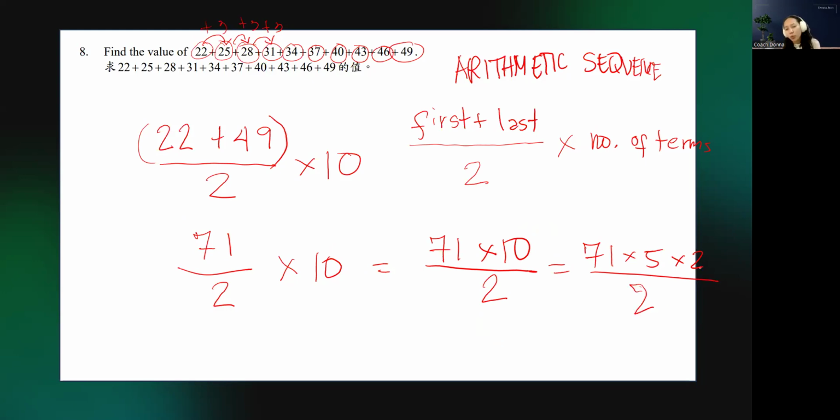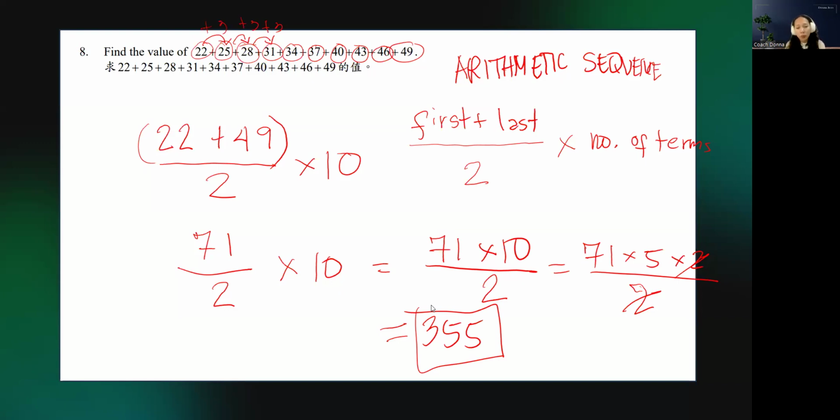So divided by 2, you can see 2 can be canceled out because it's in the numerator and denominator. So you're now left with 71 times 5. And 71 times 5 is 355. This is now our answer. So it's much quicker if you do this instead of adding them one by one, which is really prone to error.